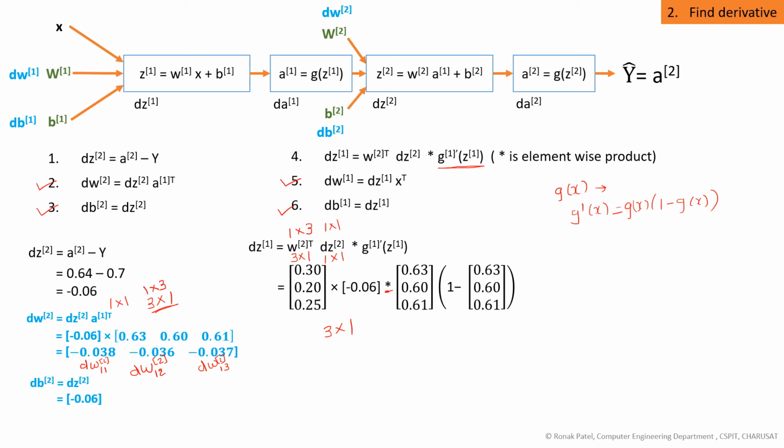So this derivative g1 dash of z1 will give you a1 into 1 minus a1, because a1 is the activation on z1.